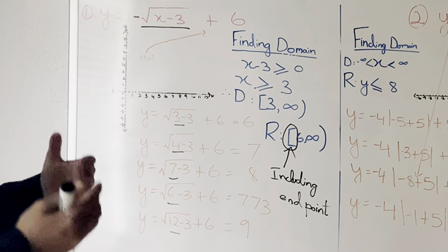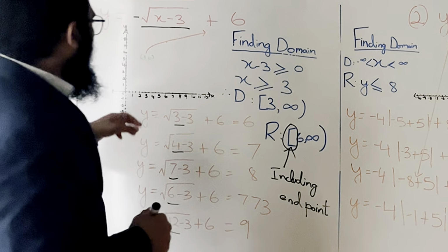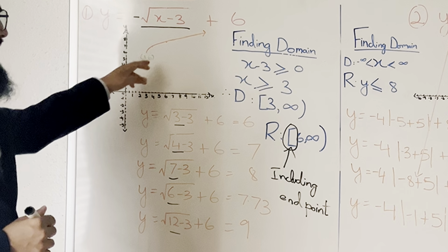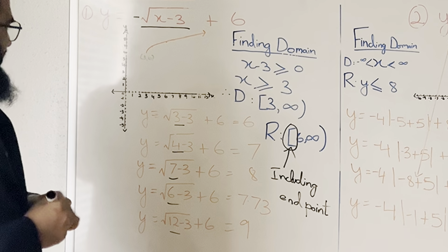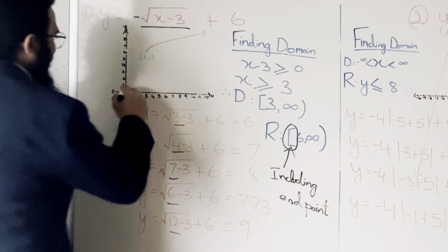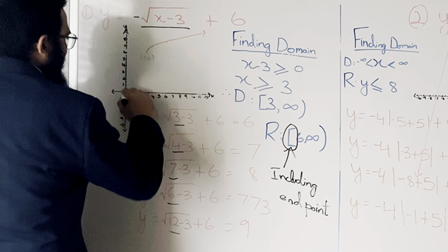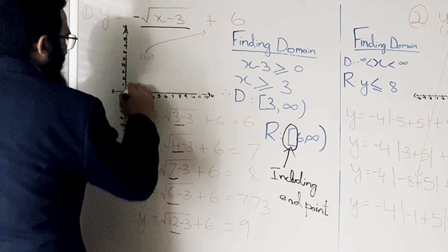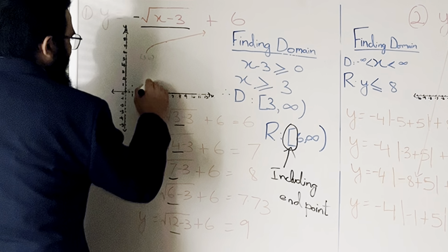Now there's one thing I want to point out here. You know that our parent function is y equal to the square root of x. It had a similar shape, except that it started from the origin and then went towards, for example, (1, 1), (4, 2).